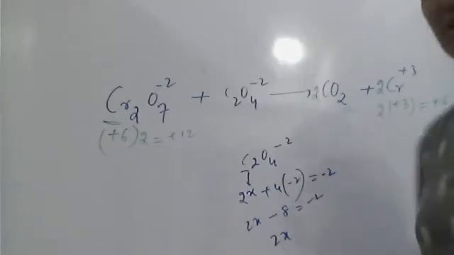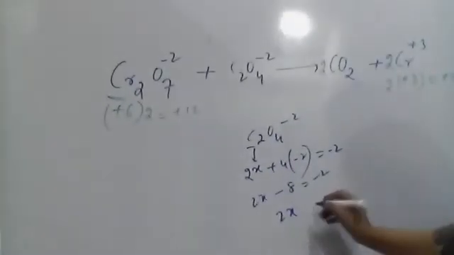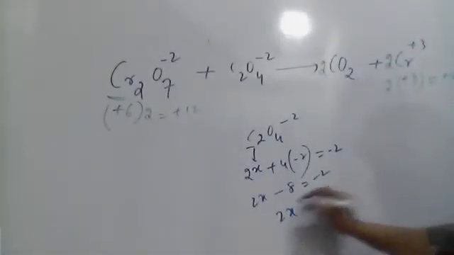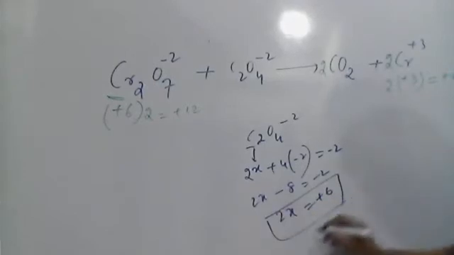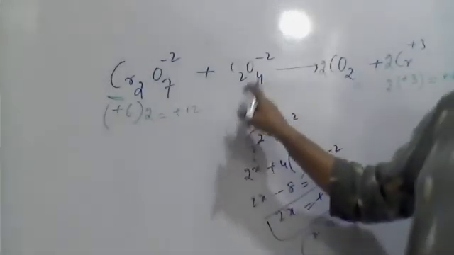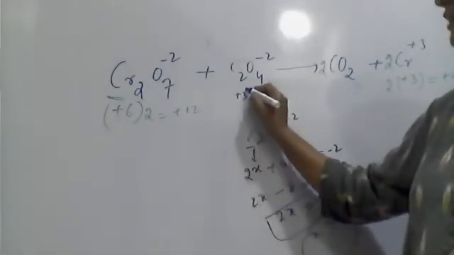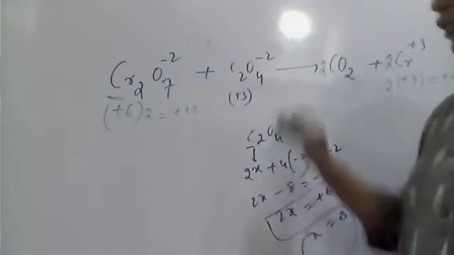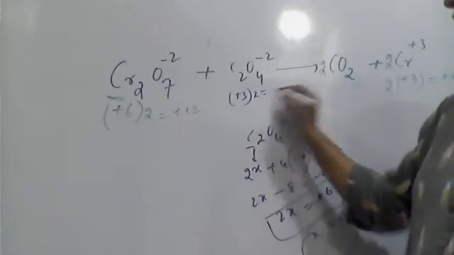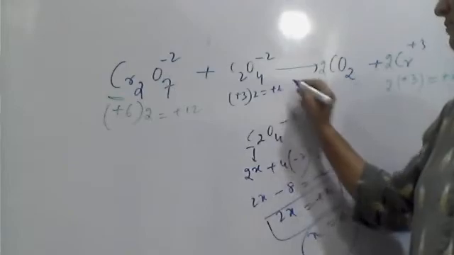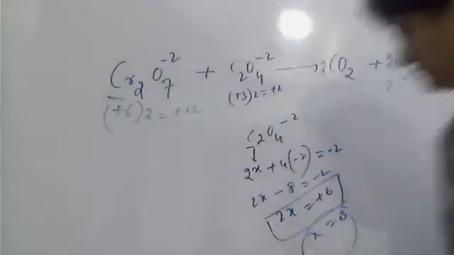So 2x equals +6. For 2 carbons it is +6, for 1 carbon it is +3. So in the oxalate the carbon is +3. 1 carbon is +3, 2 carbons is 2x, that is +6. Okay, and next I'll remove this.